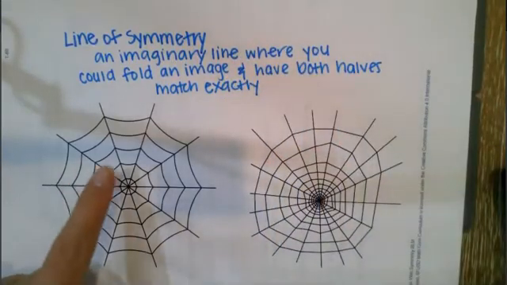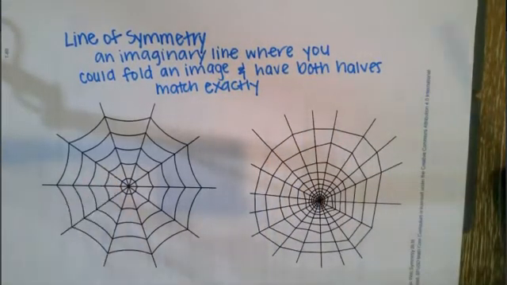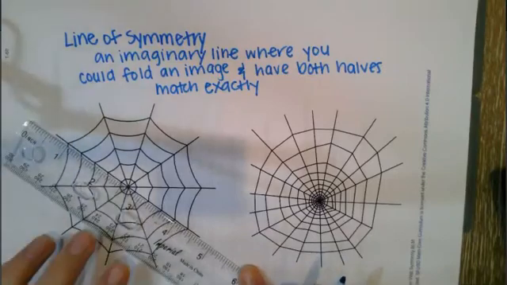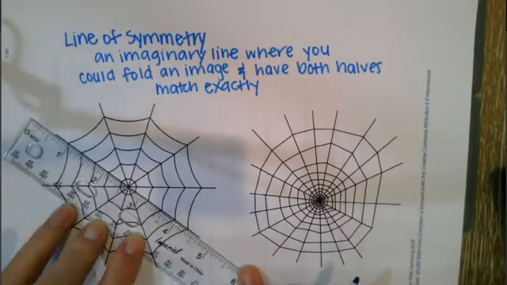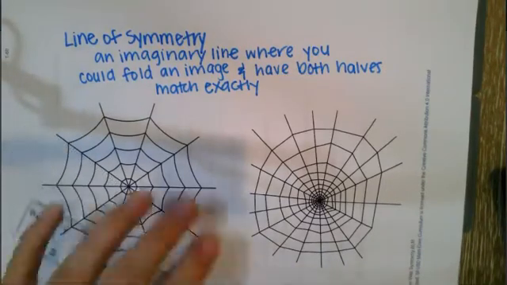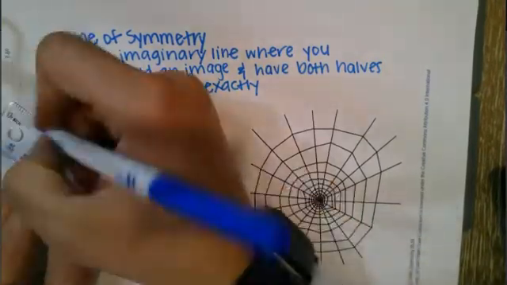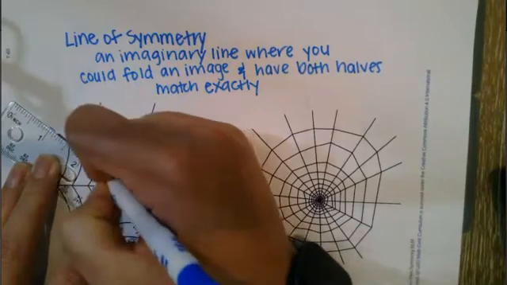So let's take a look at this spider web here. If I were to have a line that would fold my image, would they match on both sides? Well, since this is such a perfect spider web, you could have an imaginary line here.